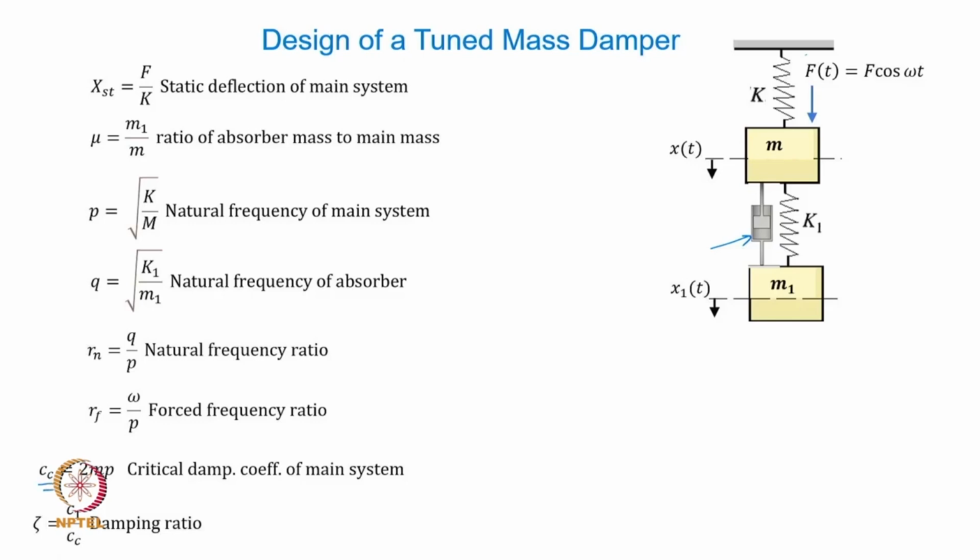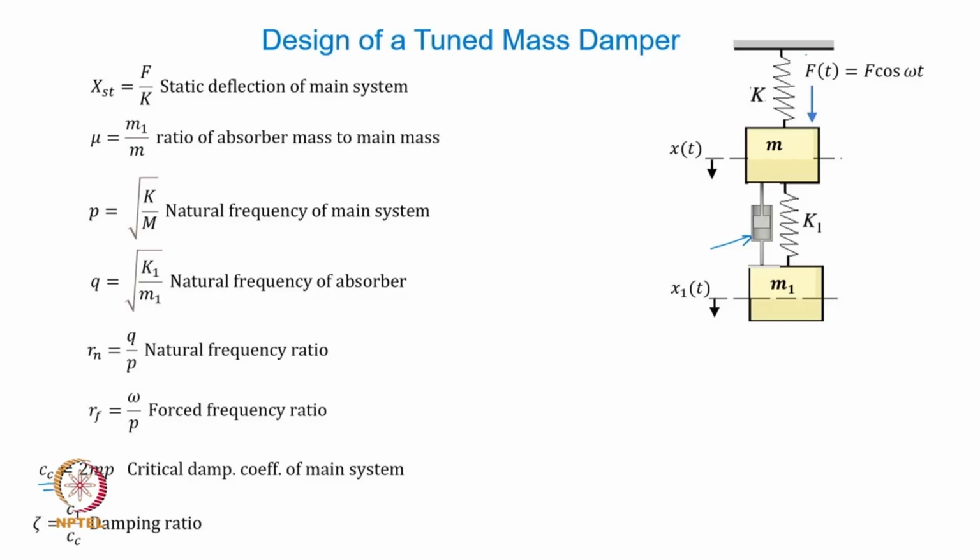Okay, so this is only for the sake of mathematical process, and so it is perfectly okay to normalize the actual damping coefficient of the absorber with respect to something related to the parent system parameters.